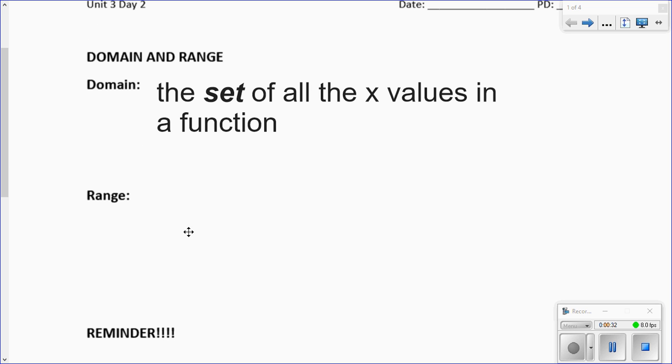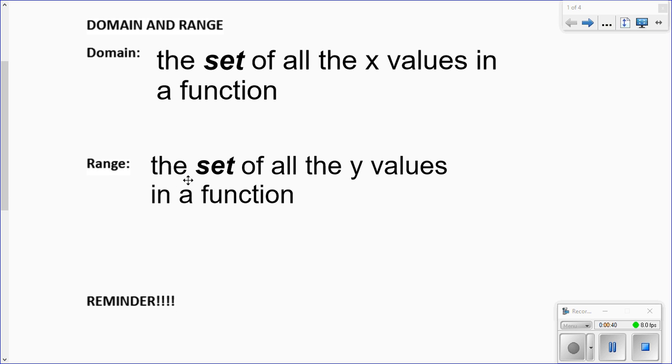So domain is the set of all x values in the function, and the range is the set of all y values in the function. Okay, so when you write these out, it's a set, so you have to use set notation. You can use set builder notation for it, and if you're not going to use set builder notation, they have to be in braces.